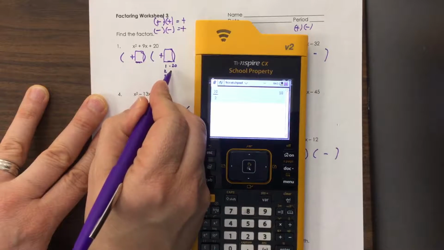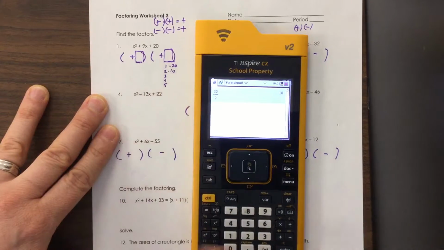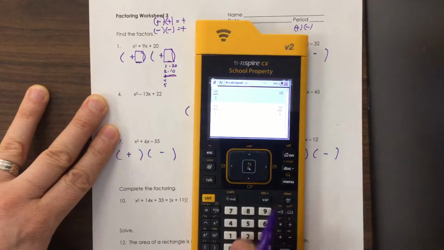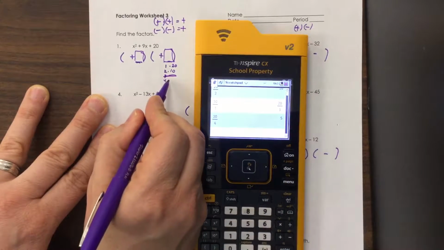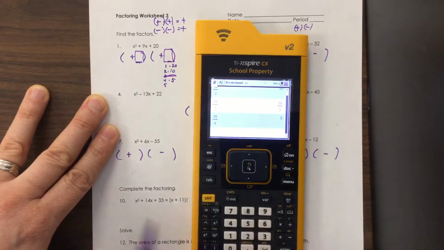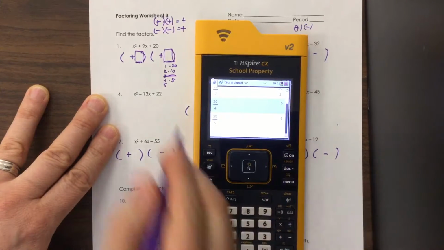Okay. Will 3 work? 20 divided by 3 does not work evenly. It comes out as a fraction, so 3 is not an option. How about 4? 20 divided by 4 gives me 5. So 4 times 5 is 20. How about 5? Well, we just saw 5 right there. 20 divided by 5 is 4.